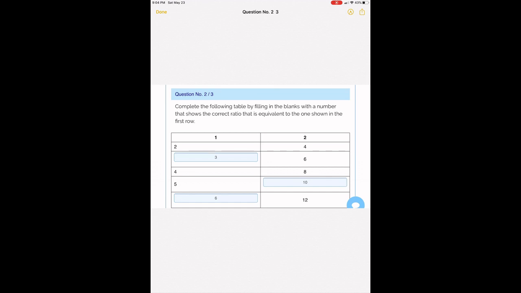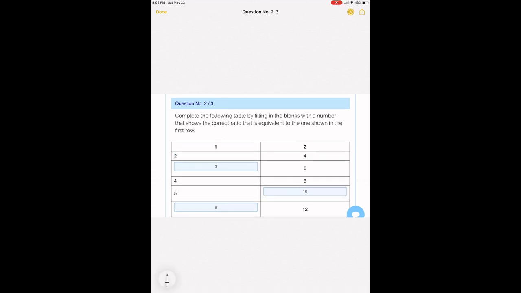We just gotta see the pattern of the table. The first row is 1 equivalent to 2, and then the second row is 2 equals 4.